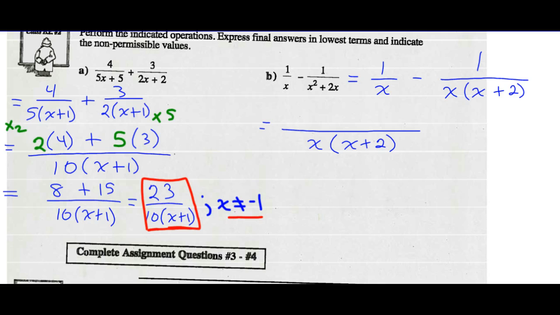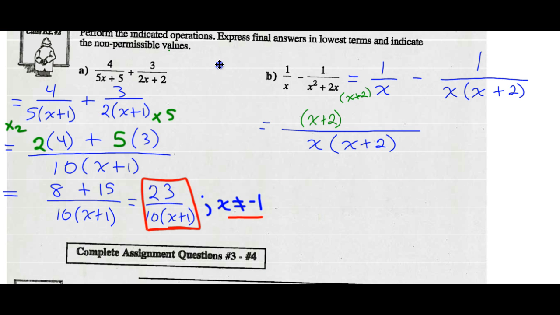I now want to write equivalent fractions with that common denominator. So my first rational expression, 1 over x, I have to make this denominator look like my common denominator of x times x plus 2. So I take this x, I must multiply it by x plus 2. So if I did that to my denominator, I should do that to my numerator, x plus 2 times 1.